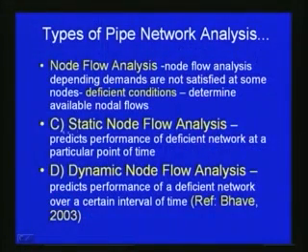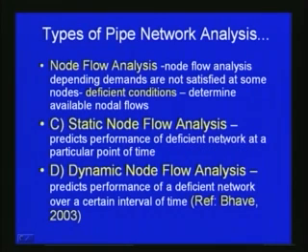The third type of analysis is called static node flow analysis. In static node flow analysis, we predict the performance of a deficient network at a particular point of time. Here the deficient conditions are also considered.